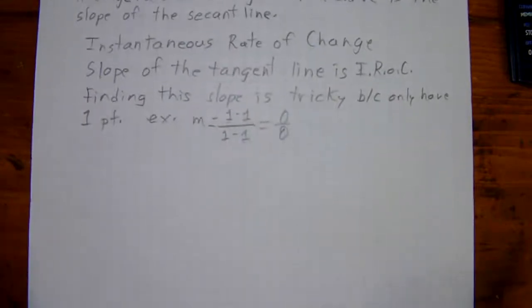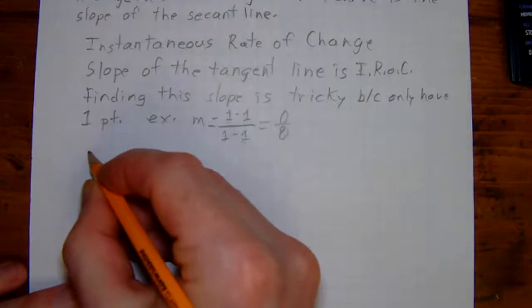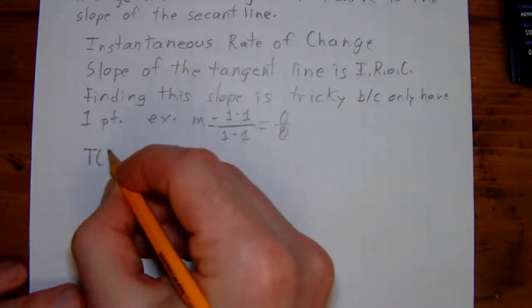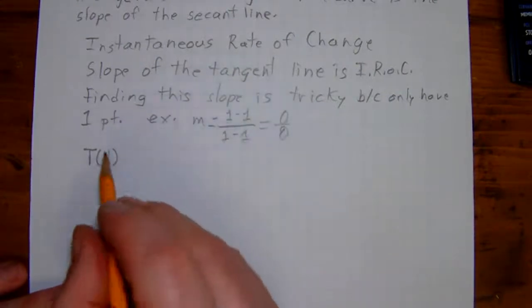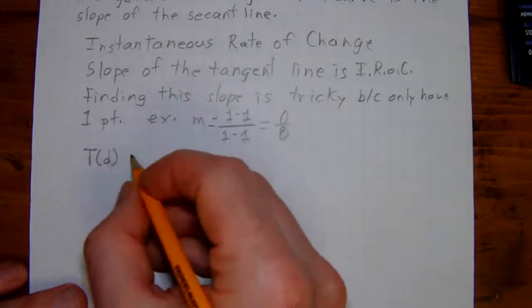So with that in mind, we're going to take a look at the equation from the handout called Instantaneous Rates of Change for Polynomials. I'll write it here. We're looking at thickness of ice over time. So T stands for the thickness, D stands for the day.